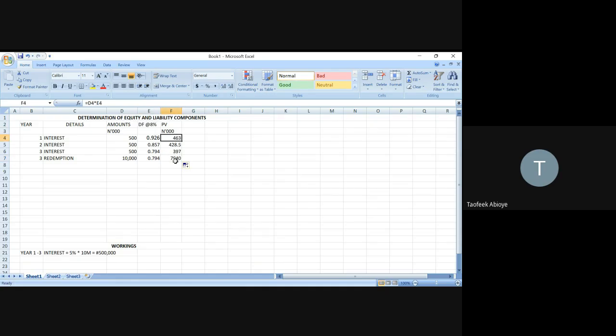Then I'll take the total. The total is 9228.5. So this is my liability component. In my financial statement on 1st January, this is what I will put as my financial liability.